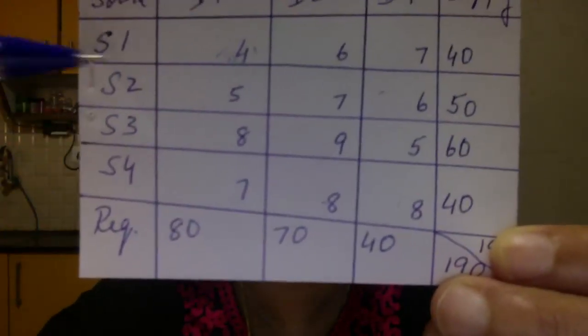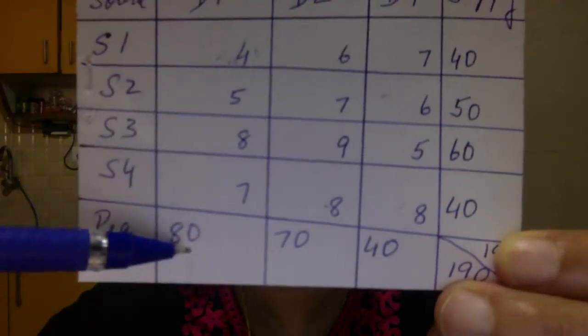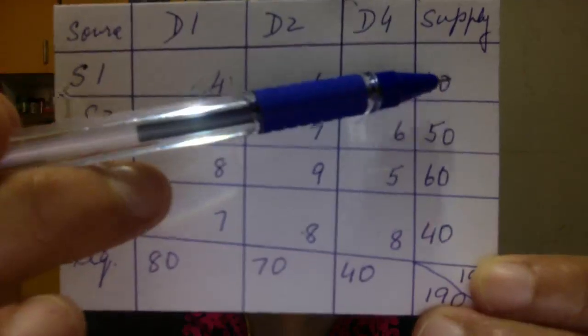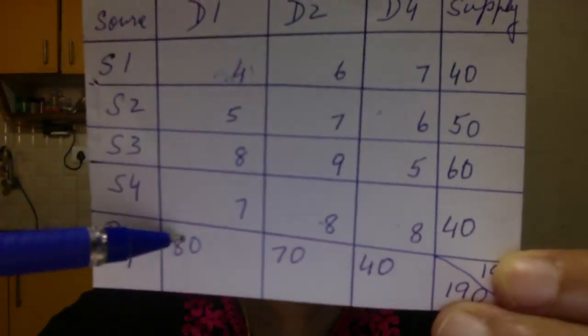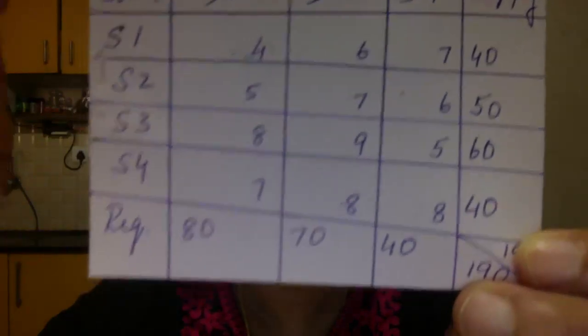I will repeat, 4 is the least cost for us now. We want 80, and if you go see here, there is 40. So all this 40 I'm going to give here, making this 80 minus 40 is 40. So all of you do those 3 steps, and the grand total becomes 150.